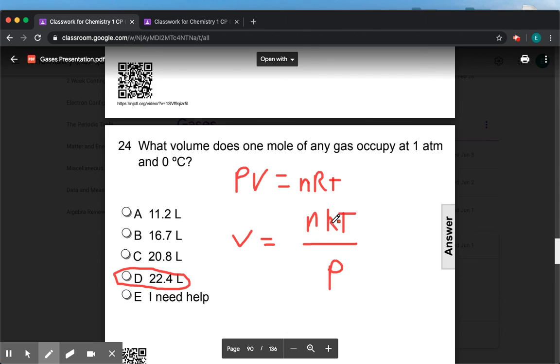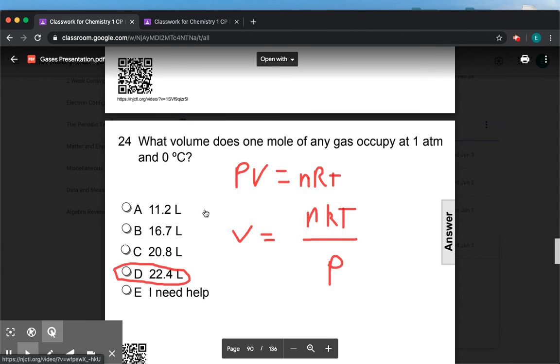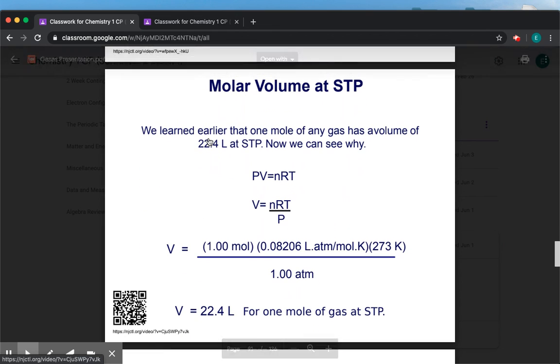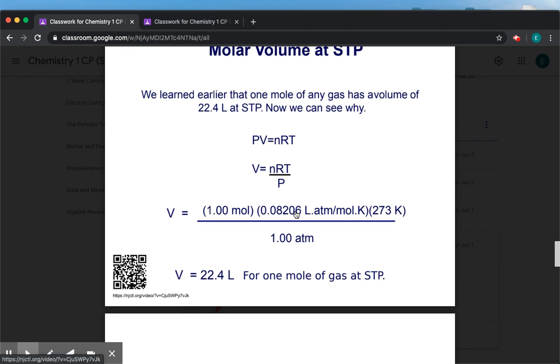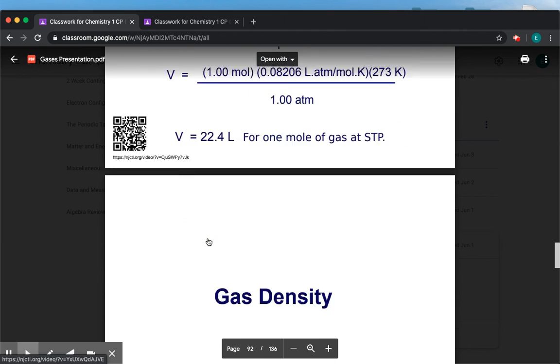Just plug in the R. R is whatever value it is in that table up top. I believe it was 0.08206. If you plug all these numbers in, you will get 22.4. And they demonstrate that right here. See, plug in n is 1, R is 0.08206, T is 273, 1 atm. Plug it in, you get 22.4.